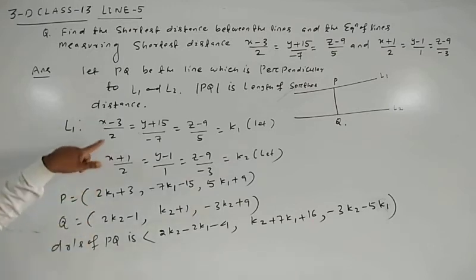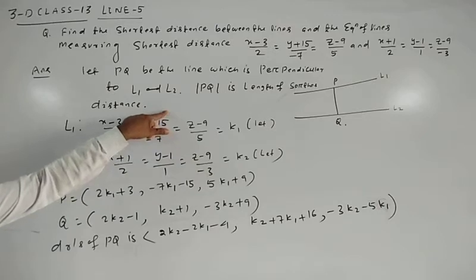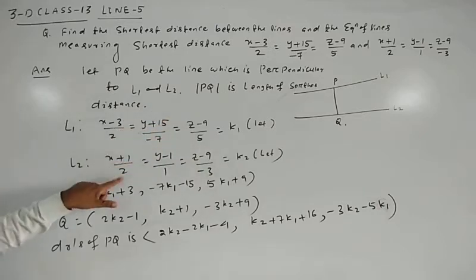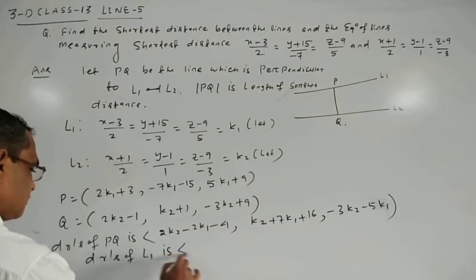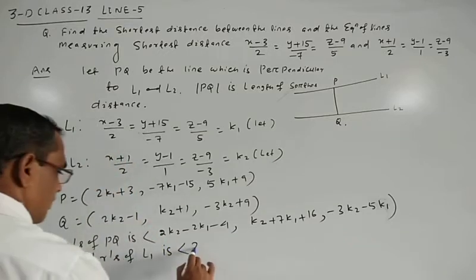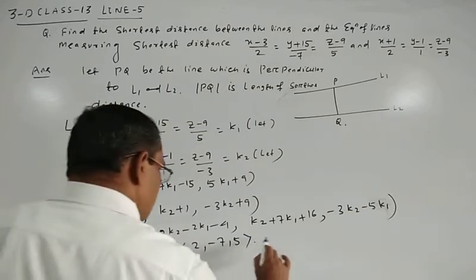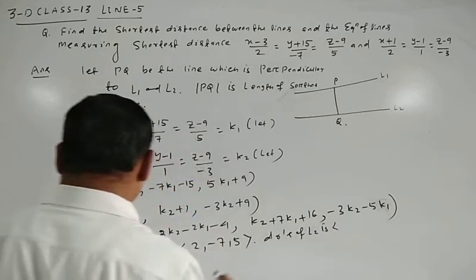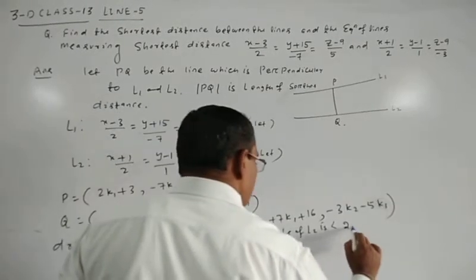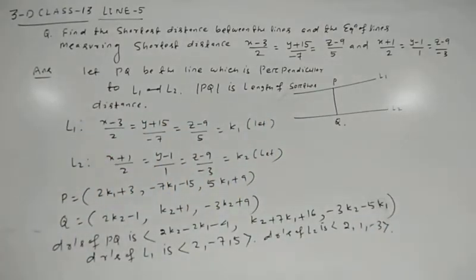Then the direction ratio of the first line is 2, minus 7, 5, because it is in standard form, and the direction ratio of L2 is 2, 1, minus 3.